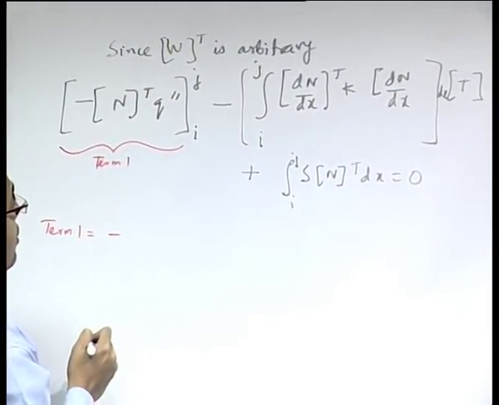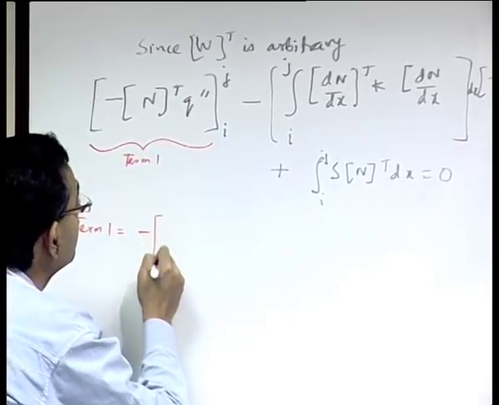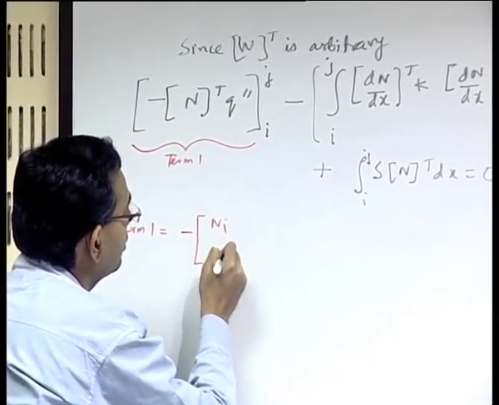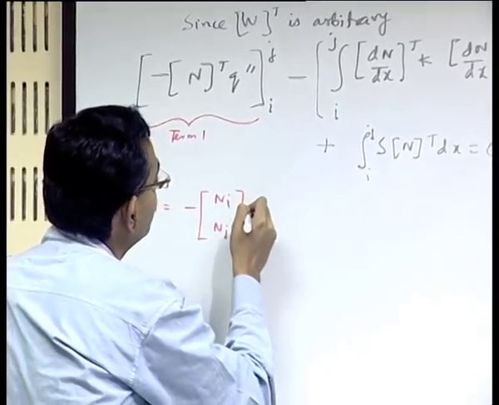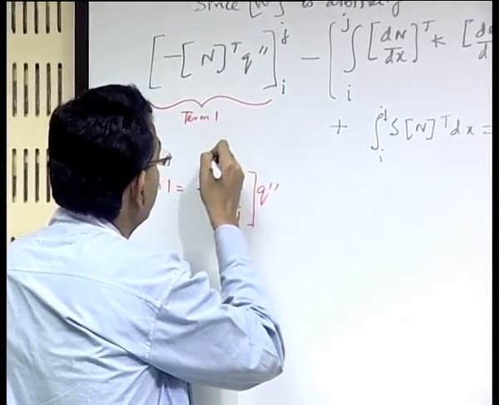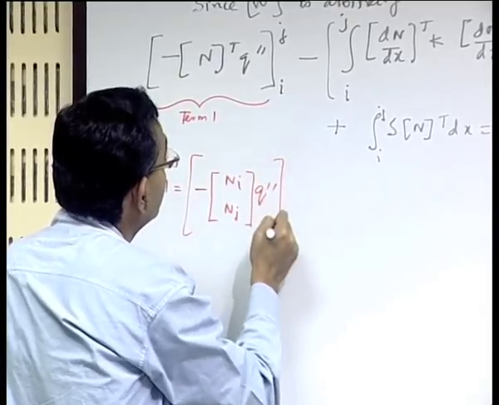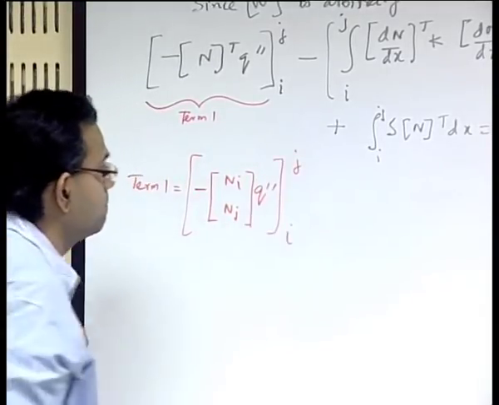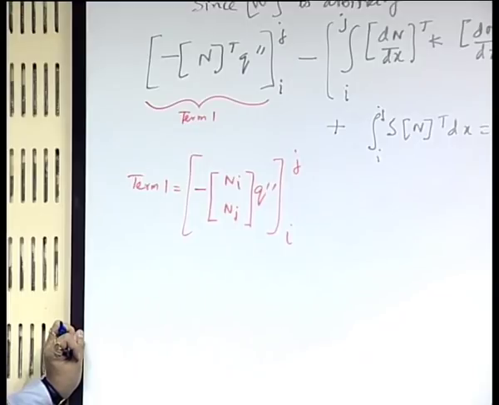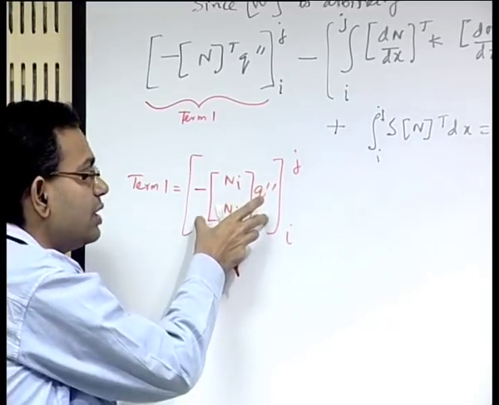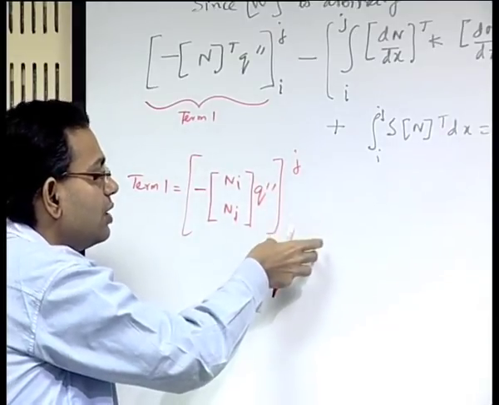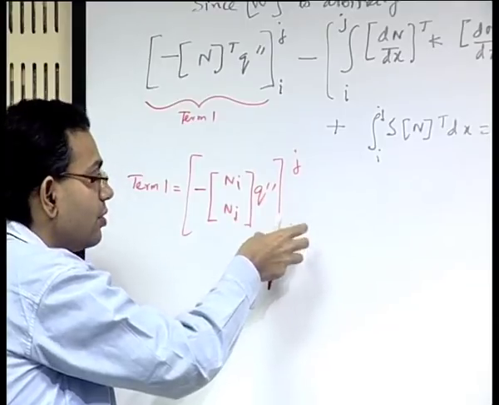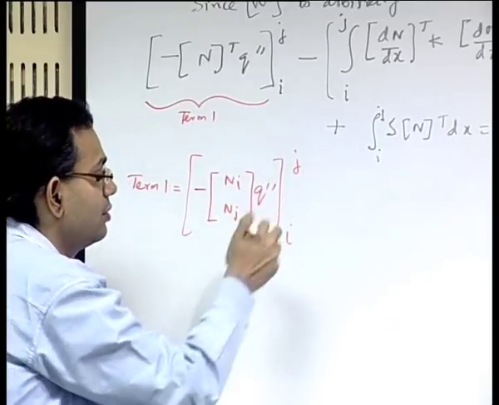Minus N transpose means Ni Nj, corresponding q, then this entire thing between i and j. So, first you evaluate this quantity at j, then subtract the same quantity at i. This is the upper limit minus the lower limit.